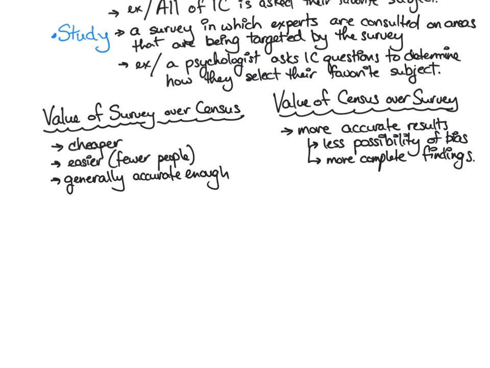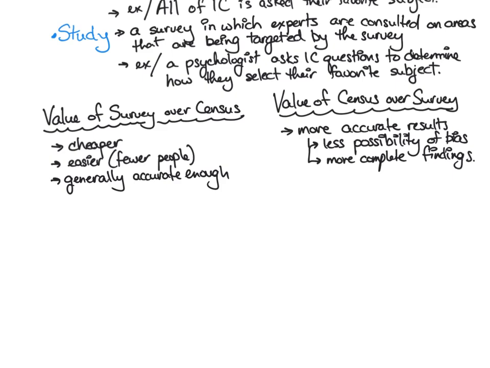And generally, even though it's not the entire population, surveys are accurate enough. But the value of a census over a survey is its accuracy. You definitely have more accurate results with a census. Because you're asking everybody, there is less of a possibility of bias.